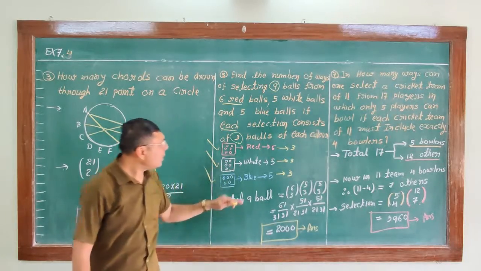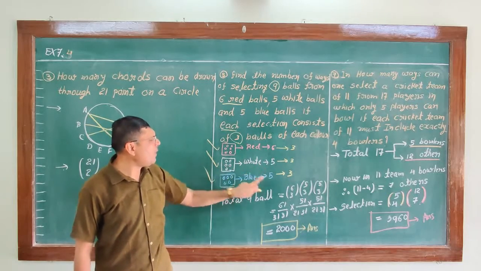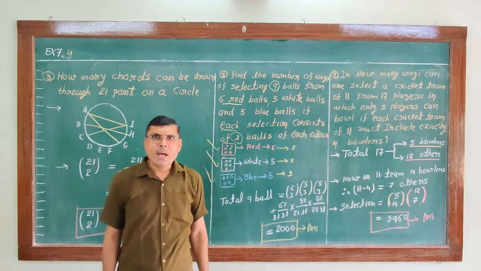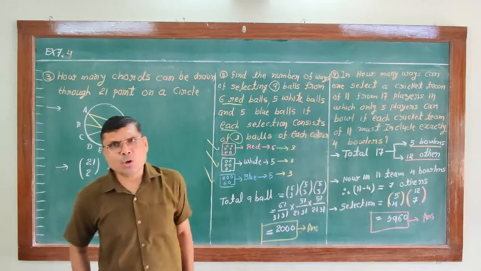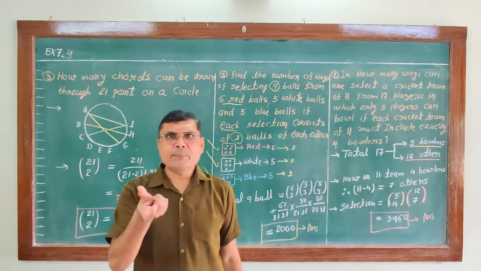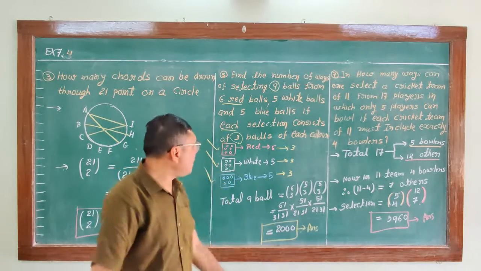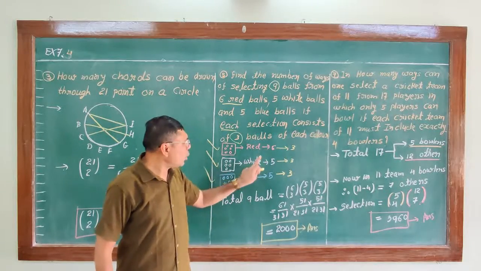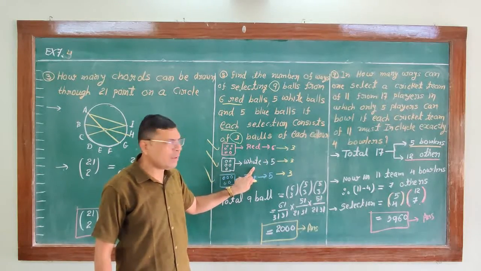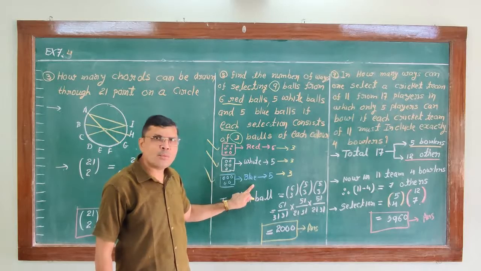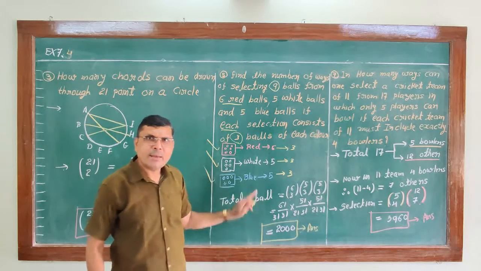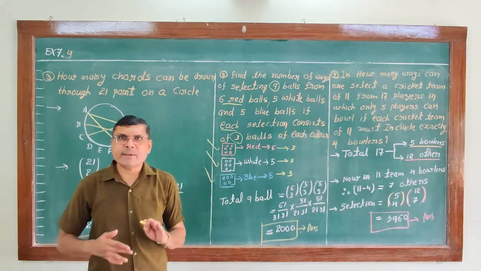Whenever you select 9 balls, the condition is simple: 3 balls should be of red color, 3 balls should be of white color, and 3 balls should be of blue color. Then in how many ways can you select?